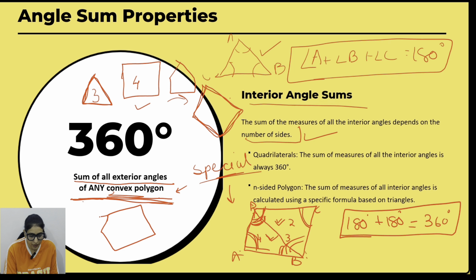So whatever be the number of sides, that is n, the sum of all the exterior angles will always be 360, whether it is a quadrilateral, pentagon, hexagon, whatever type of convex polygon it may be. Clear? So the sum of all exterior angles will be 360 only.